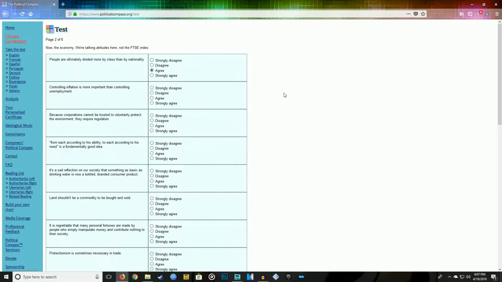In certain cases, no. But I'll probably say that I do agree with that, because there seems to be more of an emphasis on where people stand as far as I'm rich and you're not rich. In today's society, I think that more than ever, we're more divided by class than nationality. So I'll say I agree with that one.